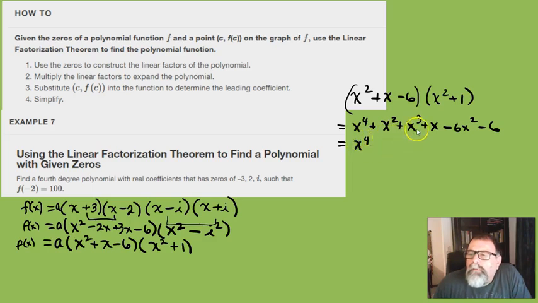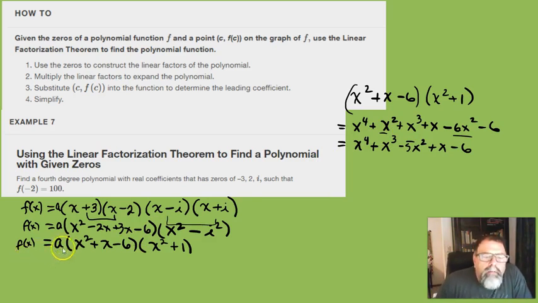So x to the 4th, x cubed, x squared: -6 plus 1 is -5, then x minus 6. Just those two terms combined; everything else I just wrote down. And then I have this a out in front.